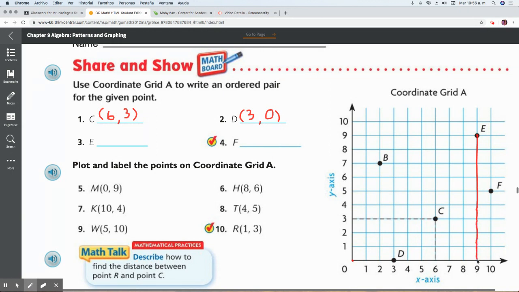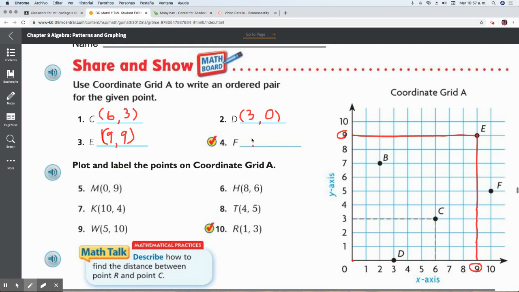When you do that, you will be able to find what number you need for your first number. So don't forget your parentheses and a comma, close parentheses. To find the second number in your pair, draw a line segment from the letter E to the y-axis. And the number would be 9. So the letter E is located at (9, 9).